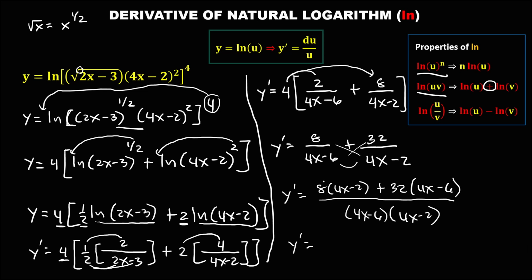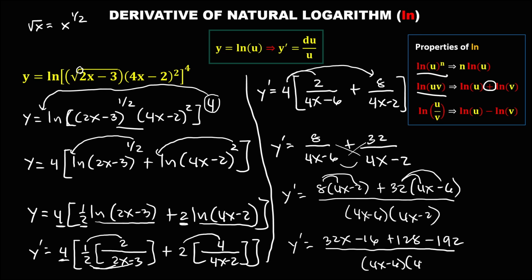Multiply: this one is 32x, then negative 16, 32 times 4 is plus 128, 32 times negative 6 is negative 192, over 4x minus 6 and 4x minus 2.